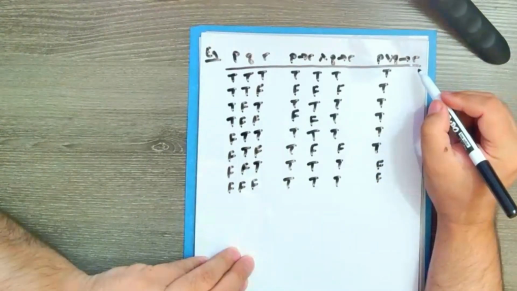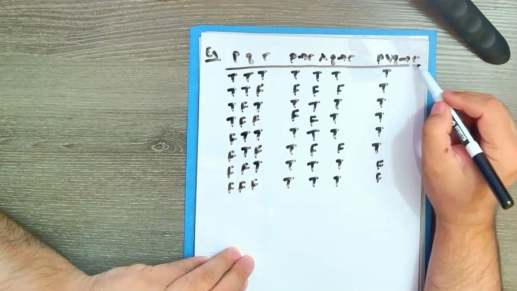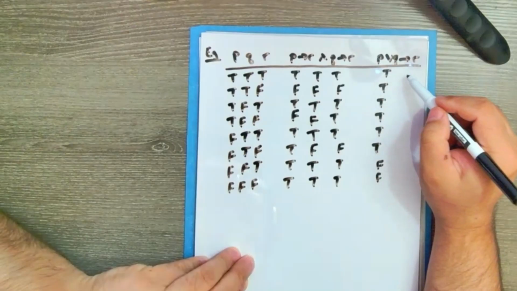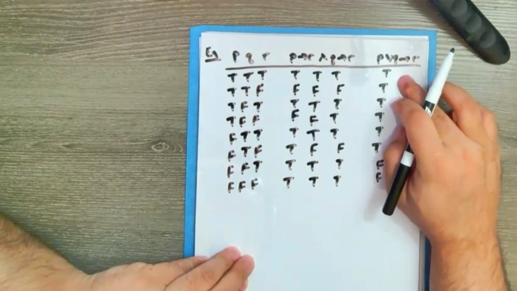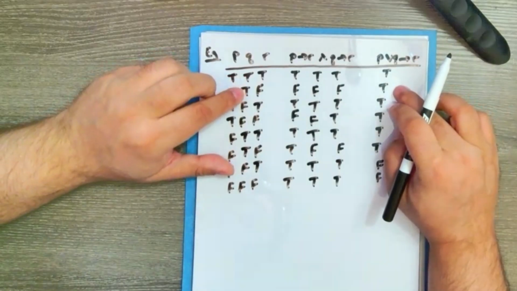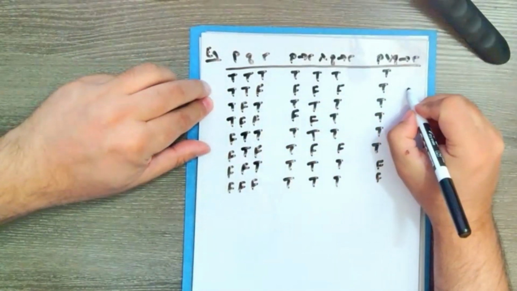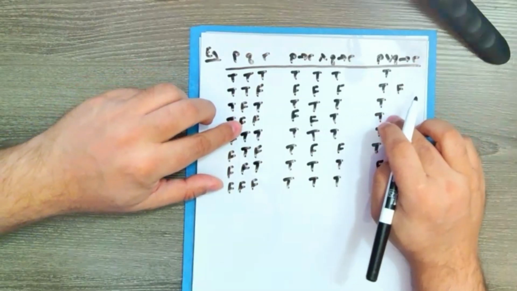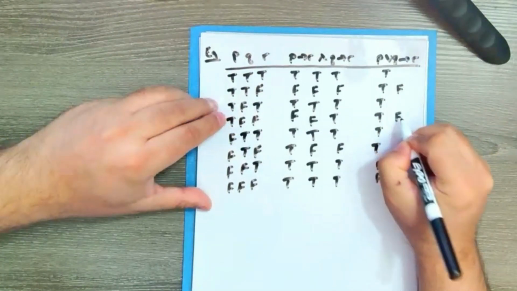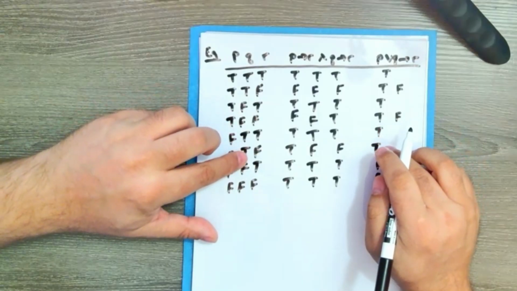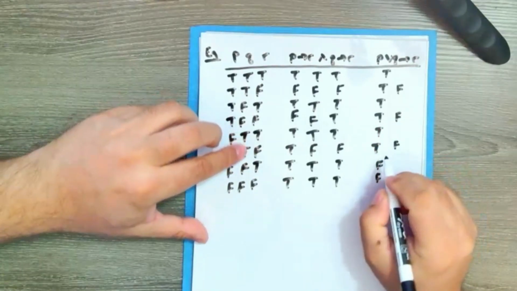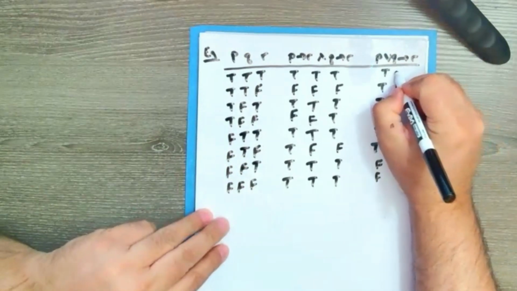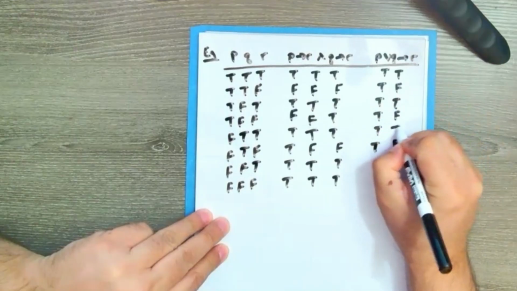So now the implication, P or Q implies R, is false when P or Q is true and R is false. So we look for those cases. Here's one. Here's another. And another. In all other cases, the implication is true.